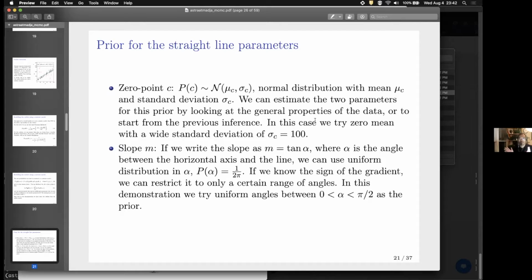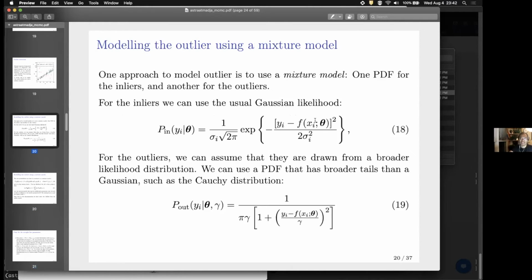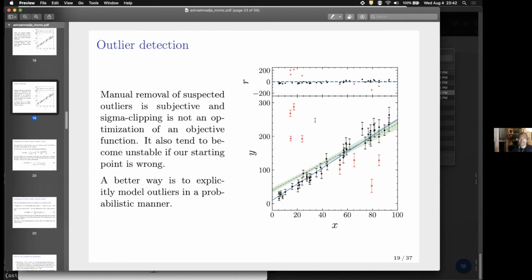We can also look at the properties of the data. If you just draw a line here, it should be around here, right? So just use something around 0 with a very wide Gaussian. This should be okay.